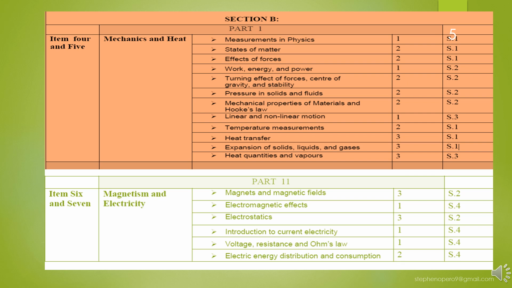These two items form a theme called magnetism and electricity, with a combination of the following topics: magnets and magnetic fields senior 2, electromagnetic effects senior 4, electrostatics senior 2, introduction to current electricity senior 4, voltage, resistance and Ohm's law senior 4, and finally electric energy distribution and consumption.